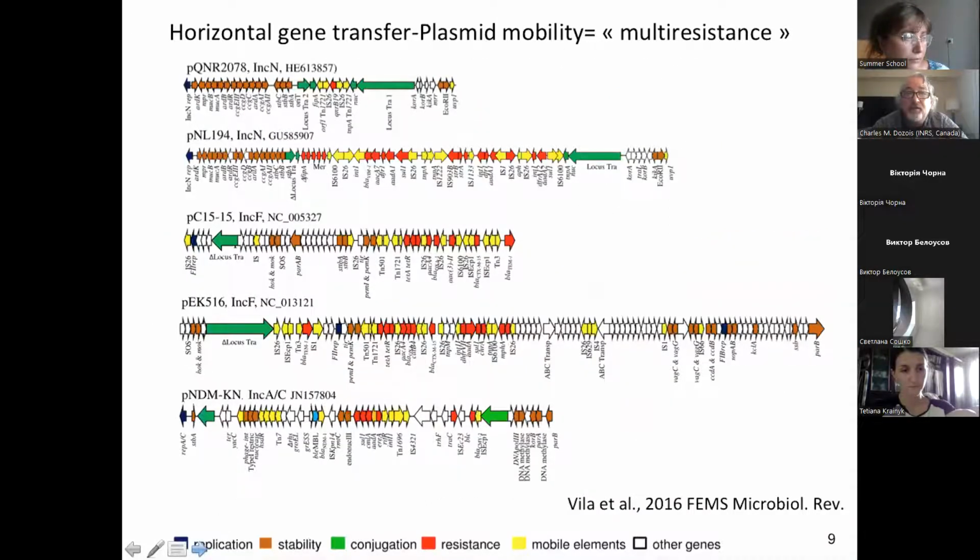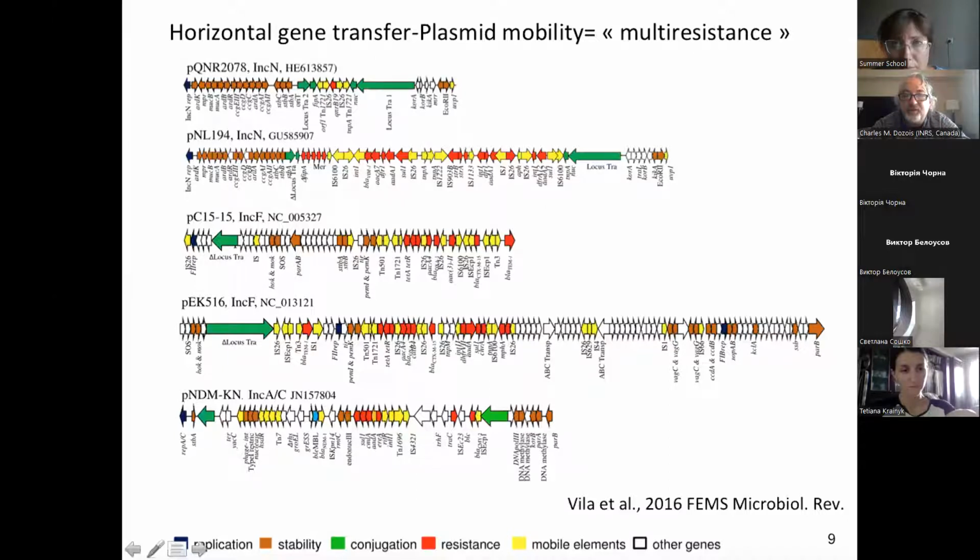So again, the horizontal gene transfer, this is a really busy slide, but when you mention plasmids, there are clearly virulence plasmids, but it's not without saying the critical importance of the mobility and transferability of these plasmids, not only between E. coli, but between other bacterial species, and that capacity to exchange genes with these different conjugative and mobile plasmids has clearly led to a great deal of resistance.